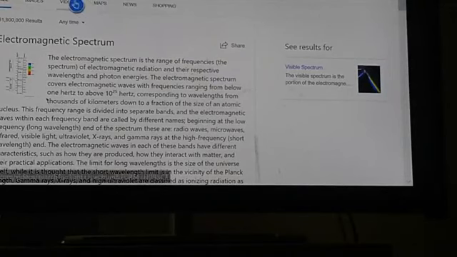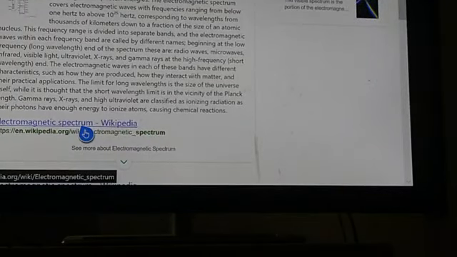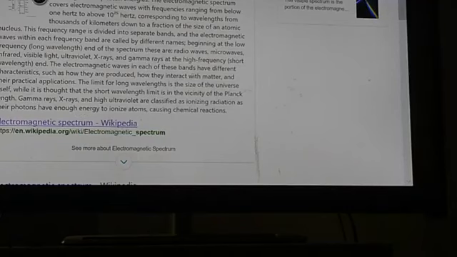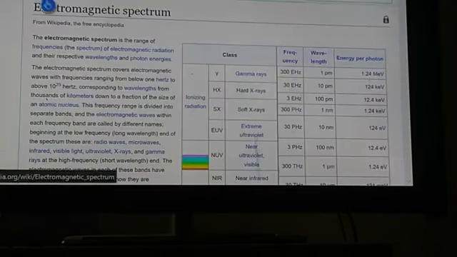So now, electromagnetic spectrum. Boom. Let's get there, because that's the flag. That's the colors of the LGBTQ flag, right?